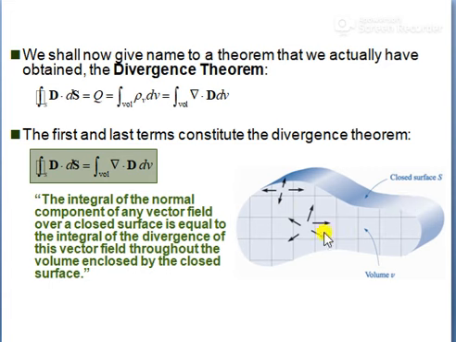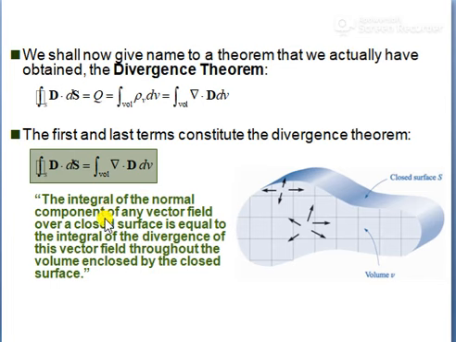You can see the integral of the normal component of any vector field over a closed surface is equal to the integral of divergence of this vector field throughout the volume enclosed by the closed surface. So this is the statement of the divergence theorem.